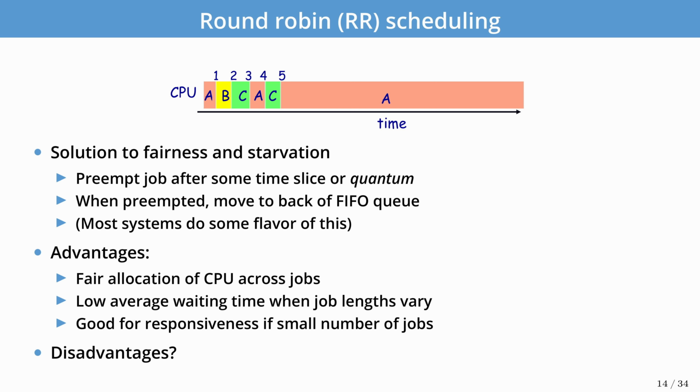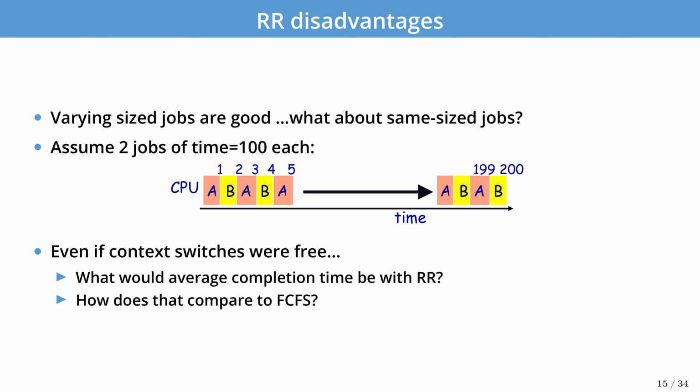What's the disadvantage? Well, there's a few disadvantages. What if all jobs are the same size? Assume you have 2 jobs and they take 100 units of time each. Well, if context switches were free, the round robin policy will perform the same as a first come first serve policy.